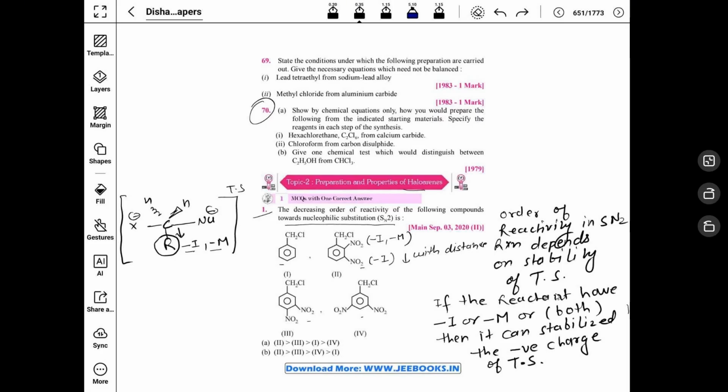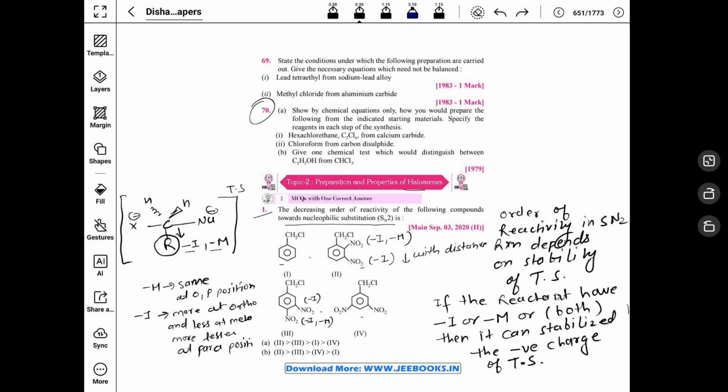Now look here. In case of 3, this one has minus I and minus M. Resonance effect is the same at ortho or para position. Resonance effect doesn't change with distance, but the minus I effect is more at ortho, less at meta, and somewhat lesser at para position.